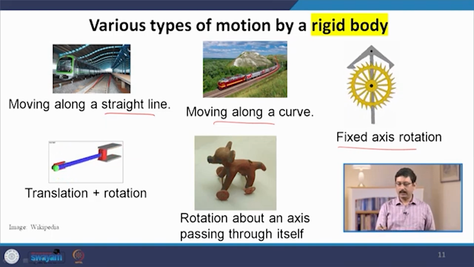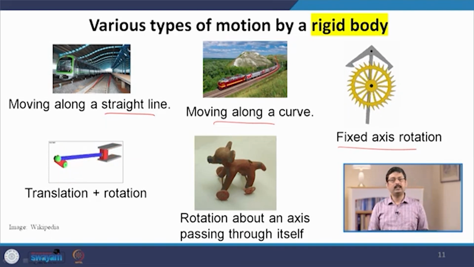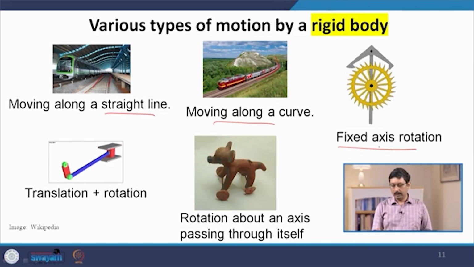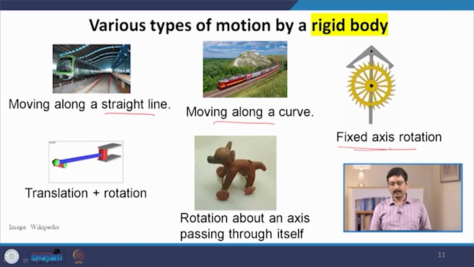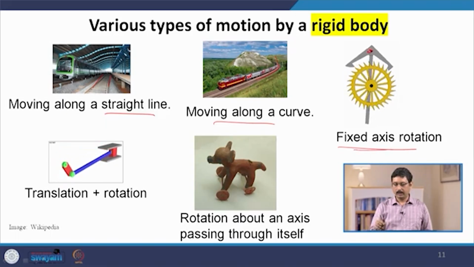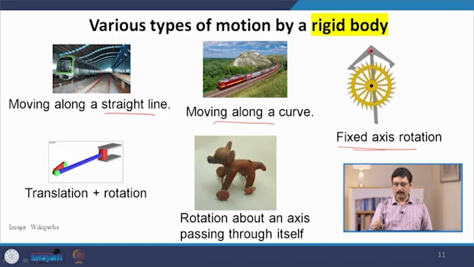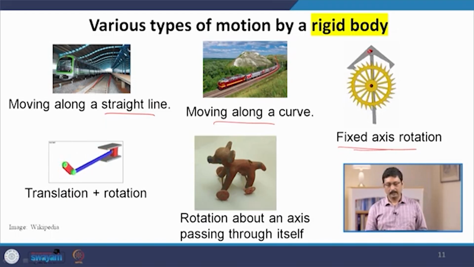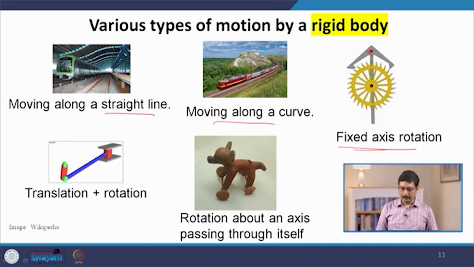This is an example of a mechanism inside a clock, which you can call a clock pendulum. This is an example of fixed axis rotation. The axis is fixed, this is the pivot point and this is rotating, and this wheel is rotating about its own pivot point.